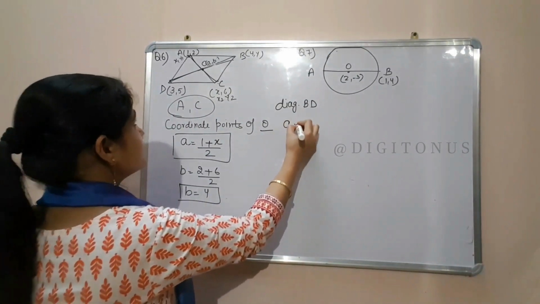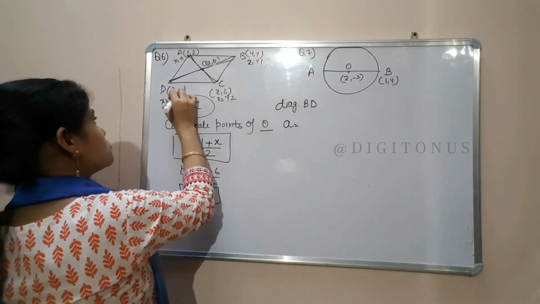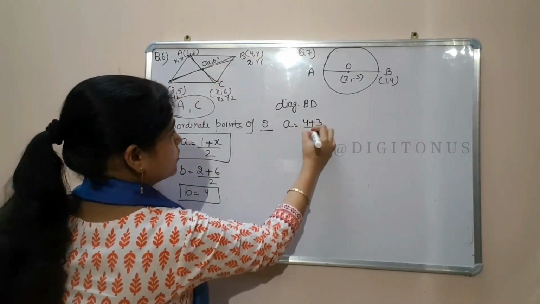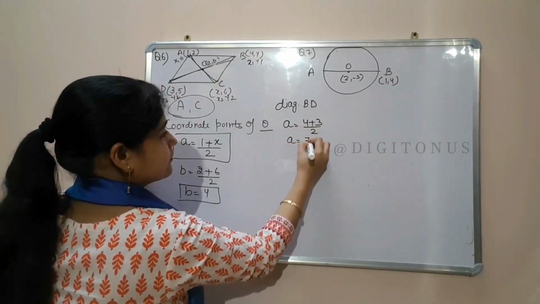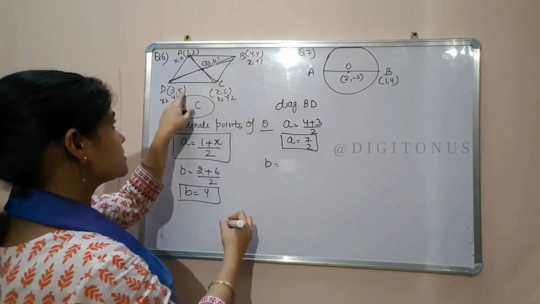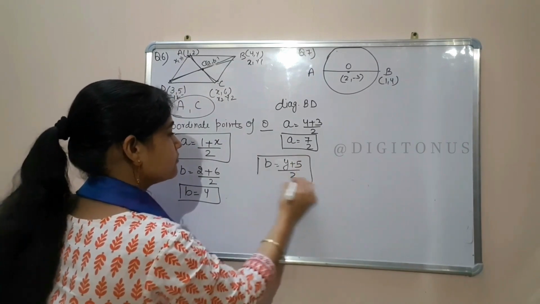So A will be equal to, this is your x1 y1 now, and this is your x2 y2 now, 4 plus 3 upon 2, which means 7 upon 2 is the value of A, and B is y plus 5 upon 2.